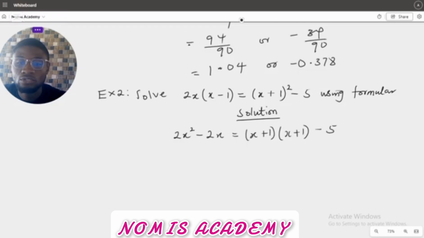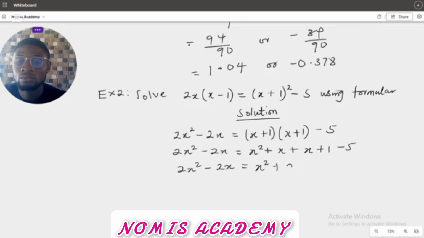So this is 2x squared minus 2x equal to x squared plus x plus x plus 1, minus 5. So I can say 2x squared minus 2x equals x squared plus 2x plus 1 minus 5. That is automatically minus 4, right?